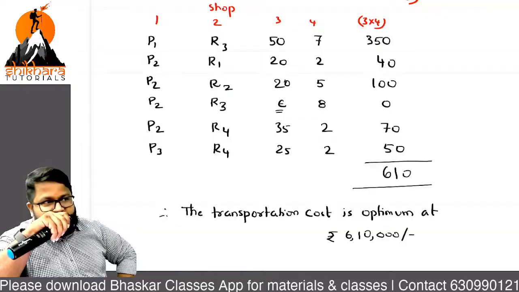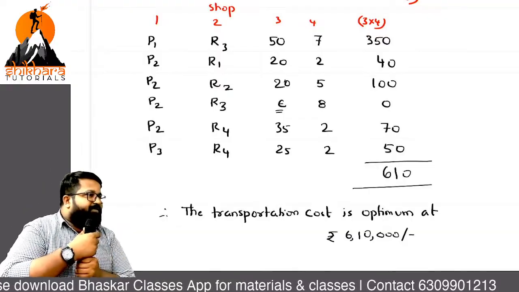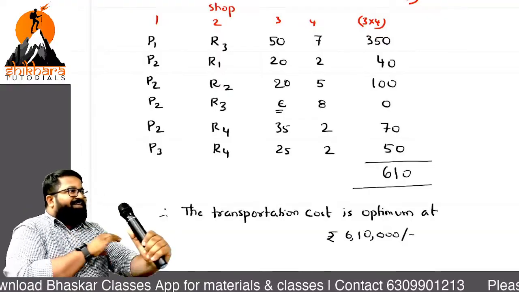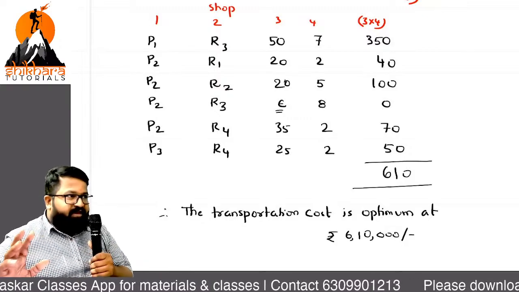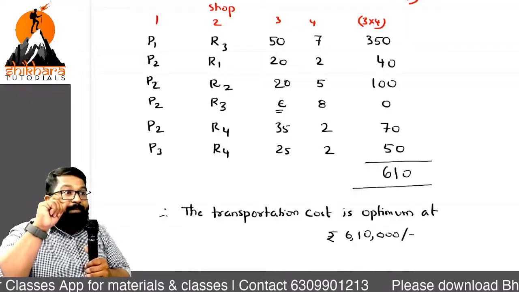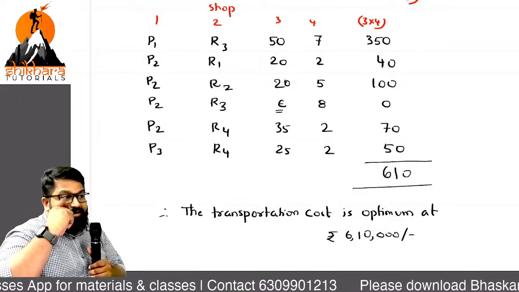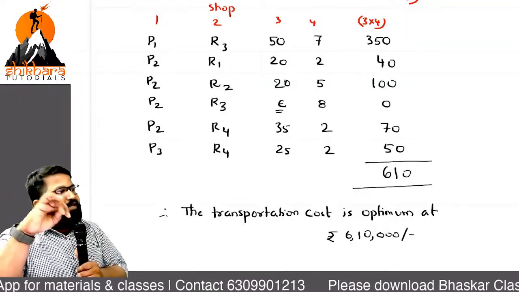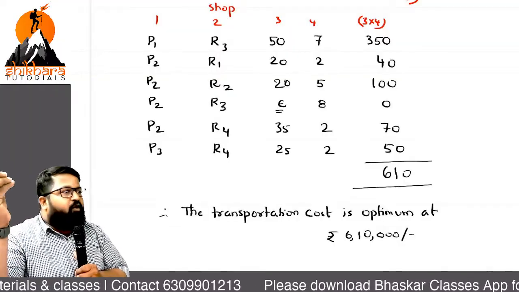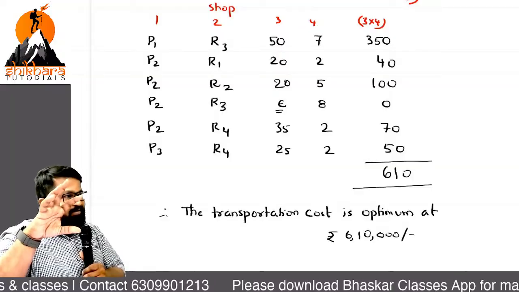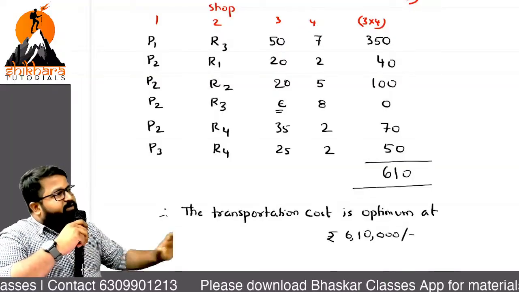What is the conclusion? If it is for 14 marks, the paper setter, if he is childless and wants you to suffer and cry, he will give this question.